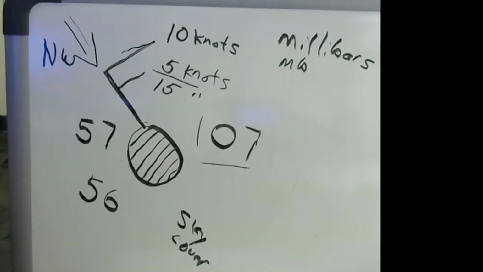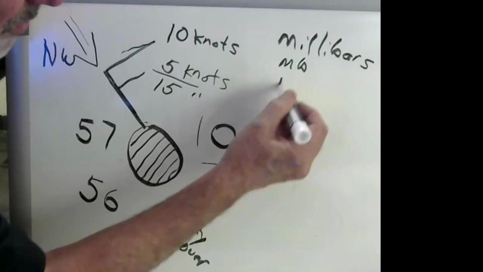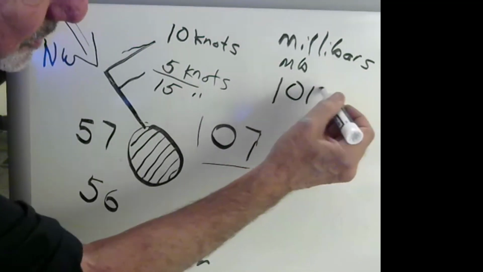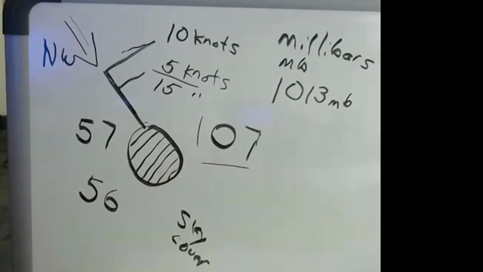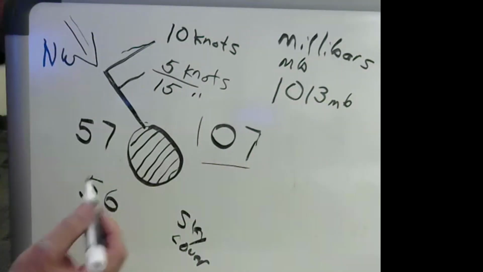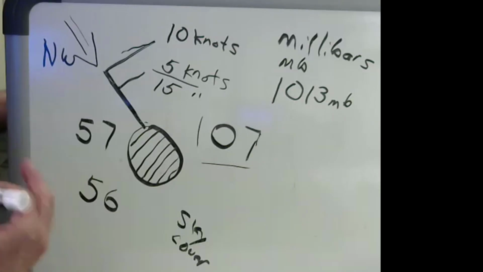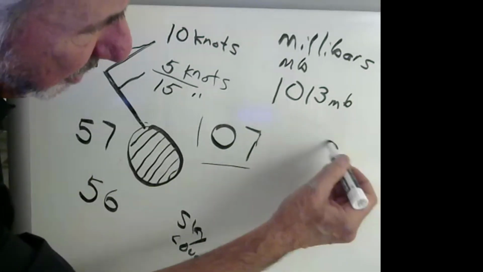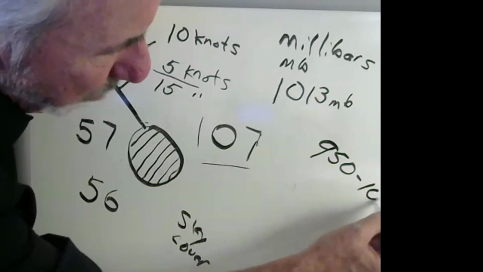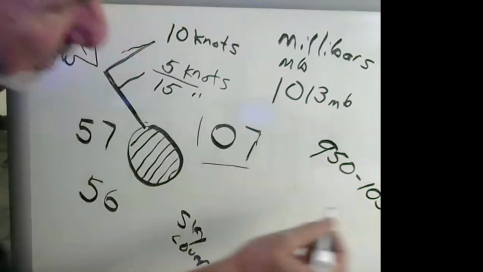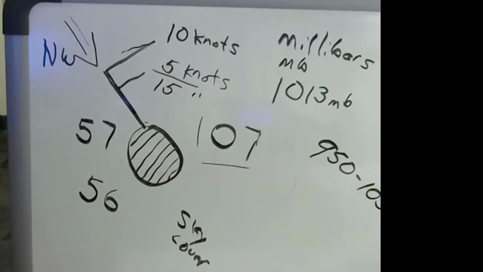To give you some idea of average air pressures on Earth, our average sea level pressure is right around 1,013 millibars. And one thing that's also very important to note is that at the surface of Earth, the air pressure doesn't vary outside of 950 to 1050 millibars. So we're going to end up somewhere in between there.